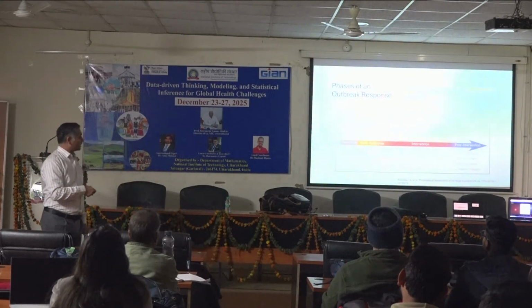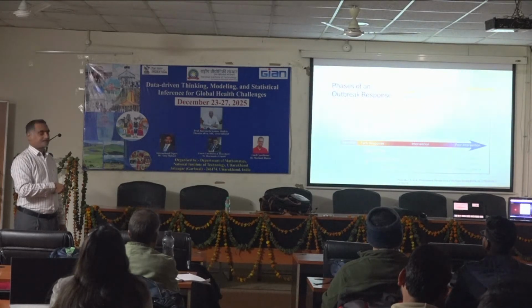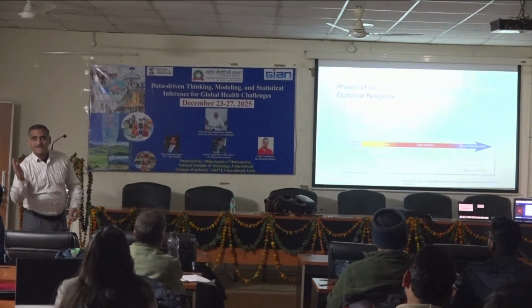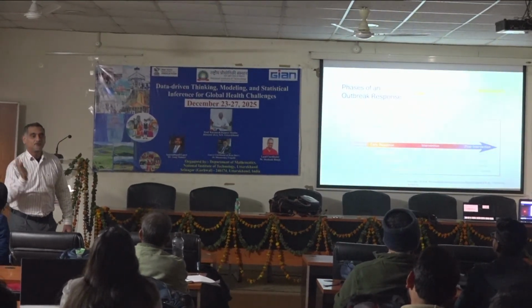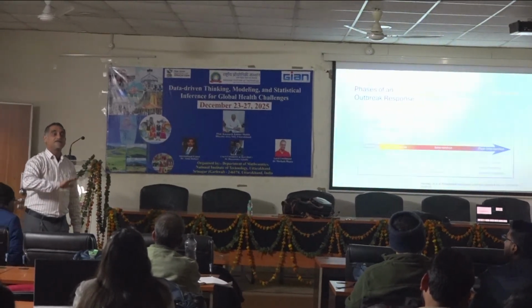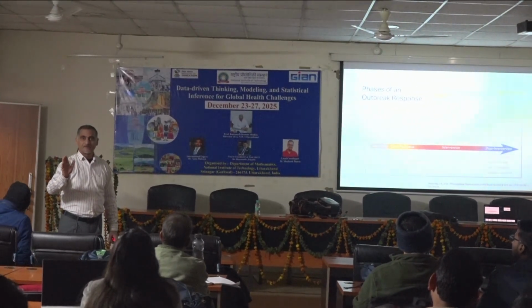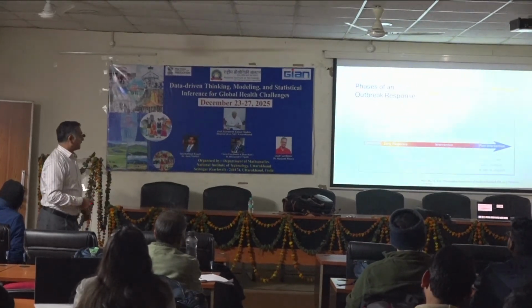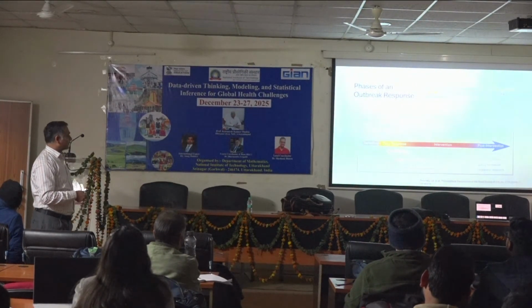So there is an initial outbreak, that exponential phase that yesterday we were doing. We use that data to estimate the reproduction number, estimate beta, and that's how we track the disease. Okay. So these are important phases to understand.